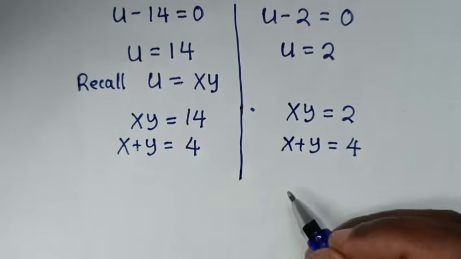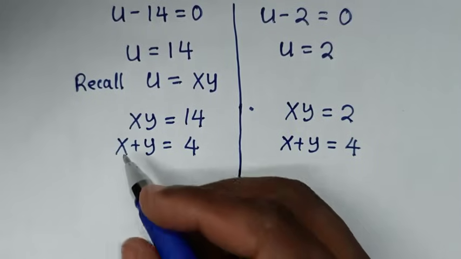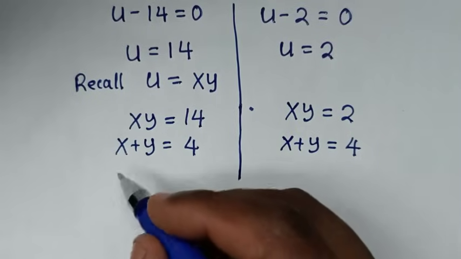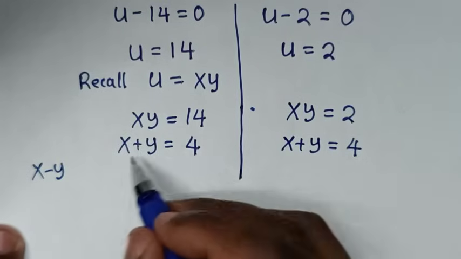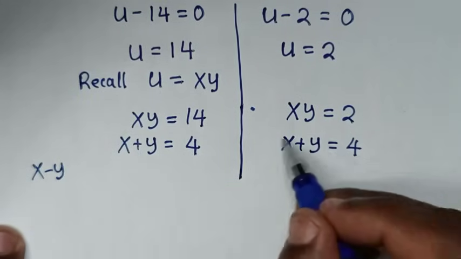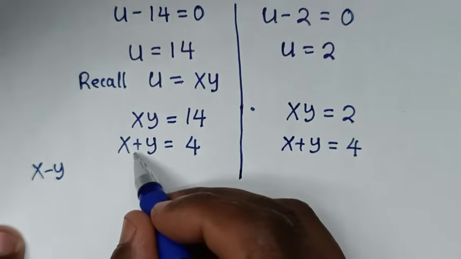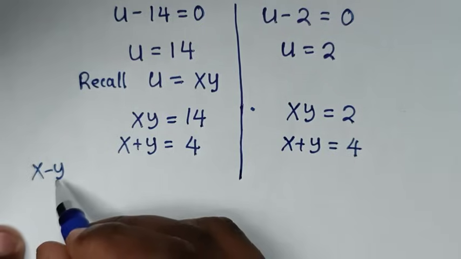Then in the next step, we'll find x minus y. From these two equations, we'll find x minus y here, and also here. Then from x plus y with x minus y, you can get the values of x and y.